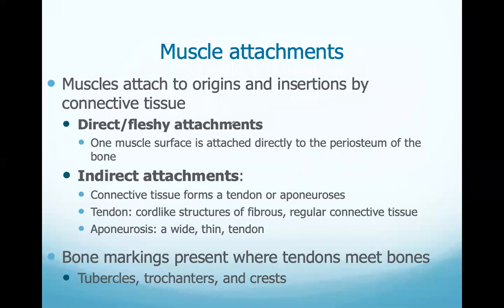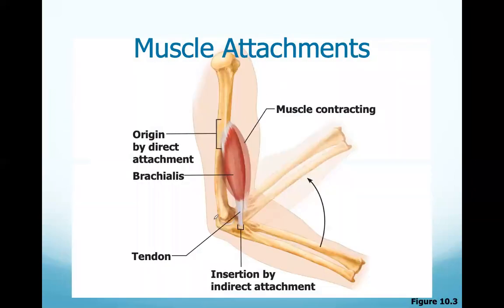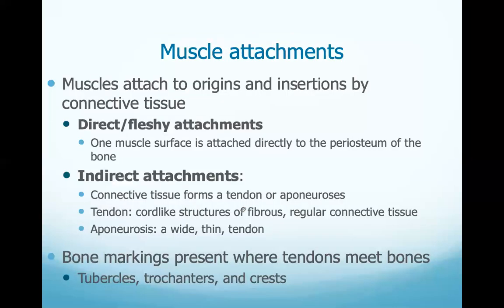Indirect attachment is where the connective tissue forms a tendon, as we depict, which is basically your epimysium forming the tendon, or another structure which is more broad called an aponeurosis. Tendon, again, is more cord-like in shape. As you can see in this picture, it narrows down and converges into one point, versus an aponeurosis, which is very wide and thin.